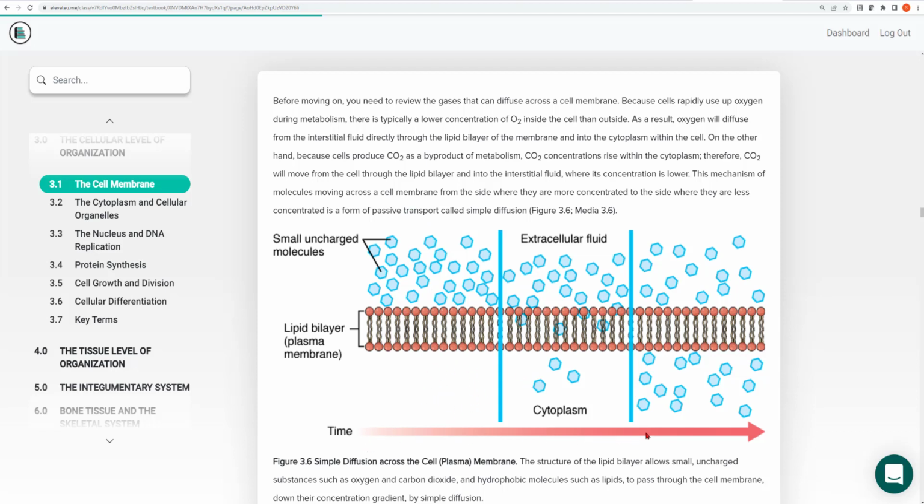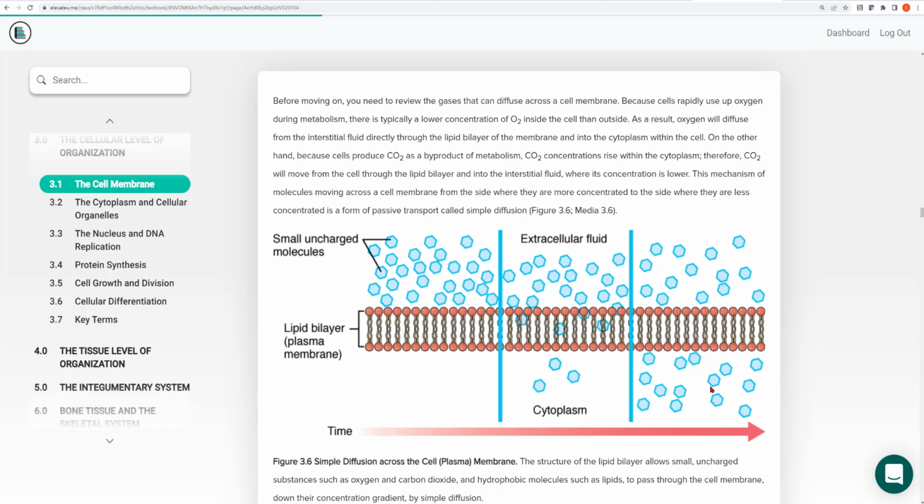And eventually, the number of molecules on the outside of the cell equals the number of molecules on the inside of the cell. This is really the same as the purple dye, isn't it? Here, the membrane did not give any resistance to the movement, and molecules were able to freely move across the membrane.